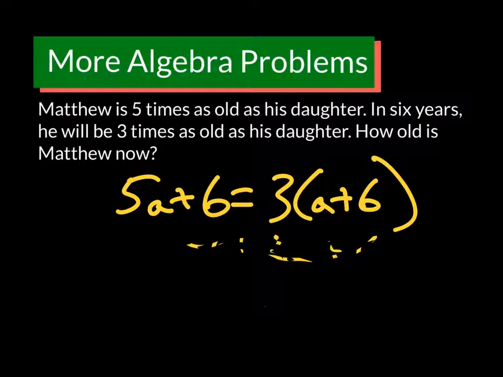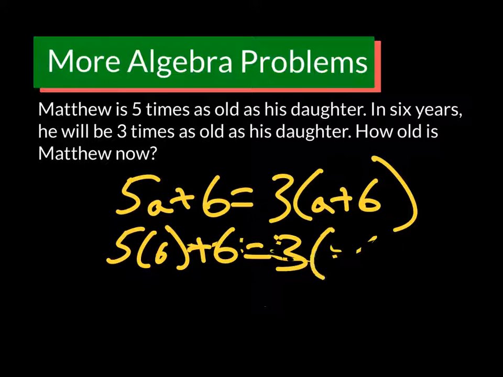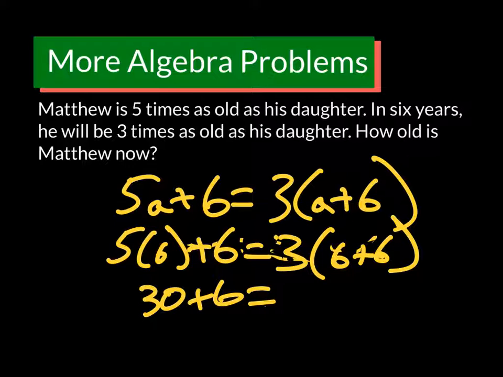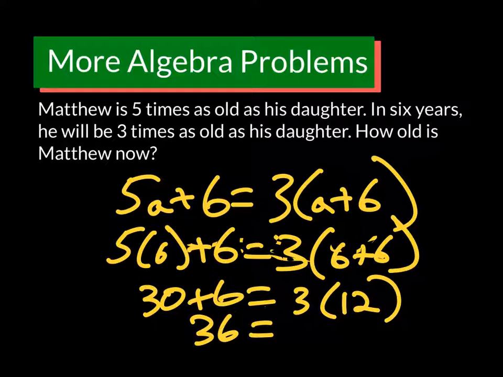So 5A plus 6 is 5 times 6 plus 6, equals 3 times (6 plus 6). 5 times 6 is 30, plus 6 is 36. 6 plus 6 is 12. And 3 times 12 is also 36.